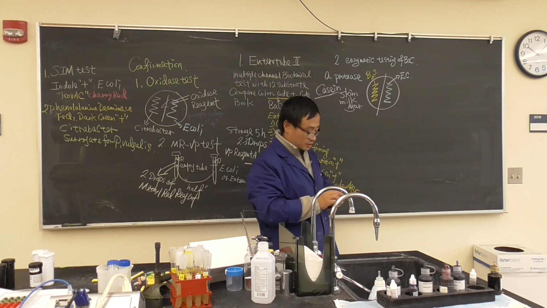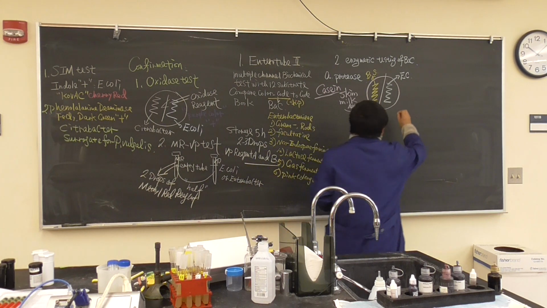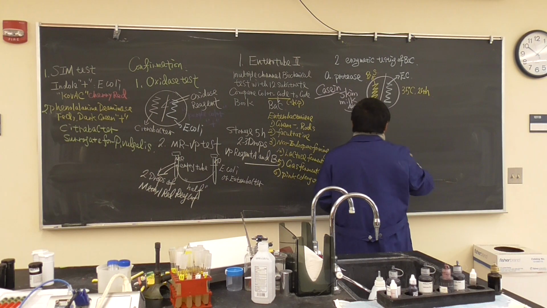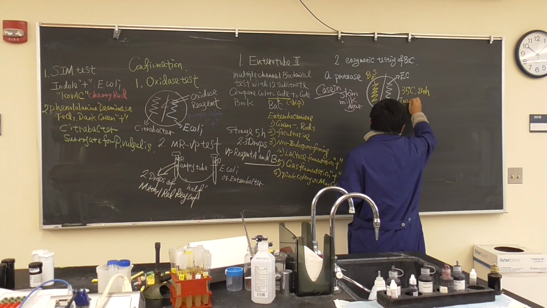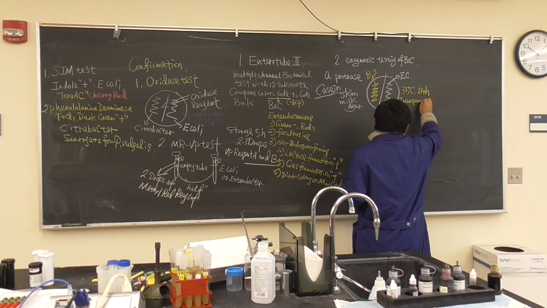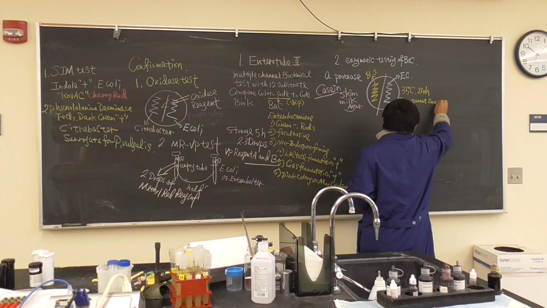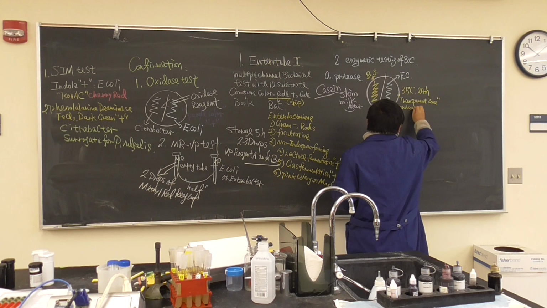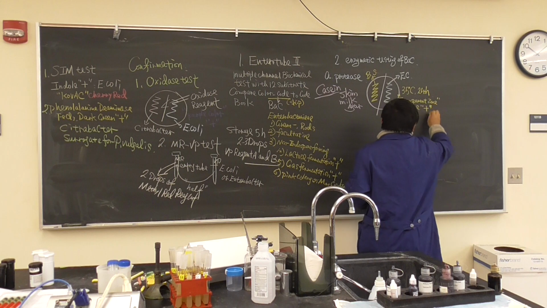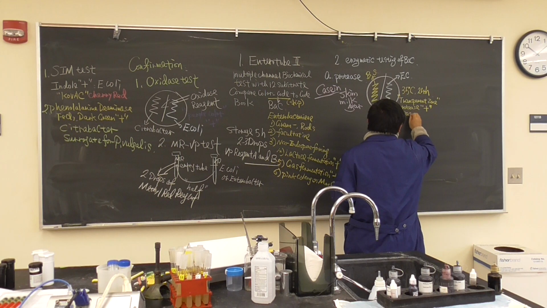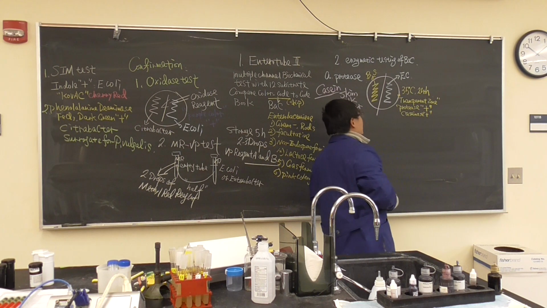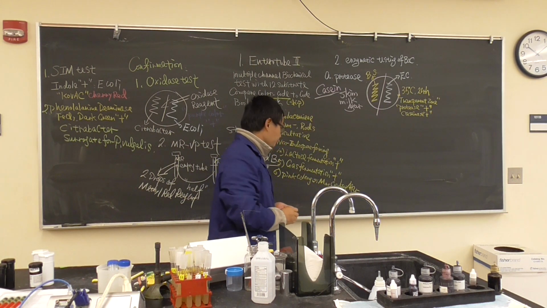So we do some gentle streak. And then we're going to do the incubation at 35 degrees Celsius for 24 hours. If you see on one side there is a transparent zone, which means it is protease test positive. At this moment, we call it a caseinase test positive. Okay, so that's the first one, skim milk agar.